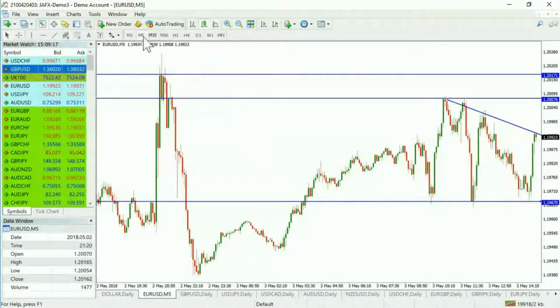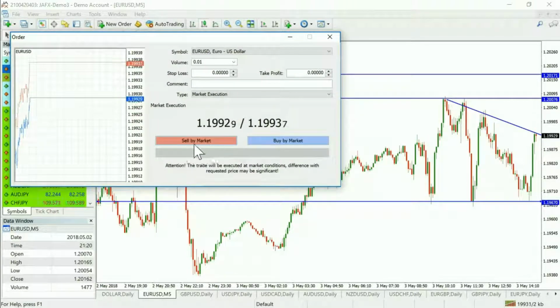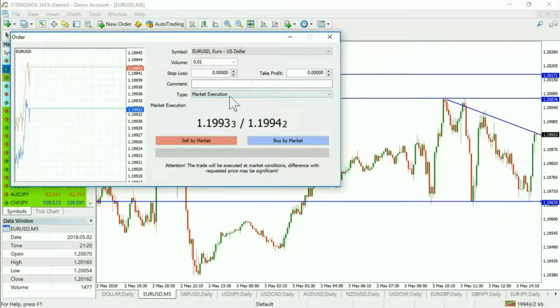So again, we can place a new order, but we just need to make sure that we're looking to sell a market this time. So really, we're focusing on the potential to sell by market. So again, we want to get into the routine of making sure we place our stop loss. So we do expect the price to move lower based on our very brief analysis, roughly around the 1.1993 level.